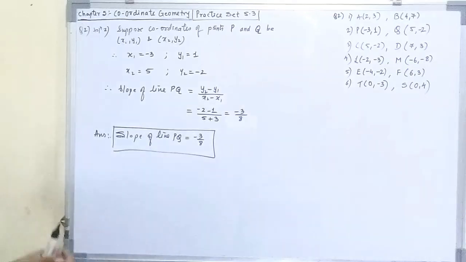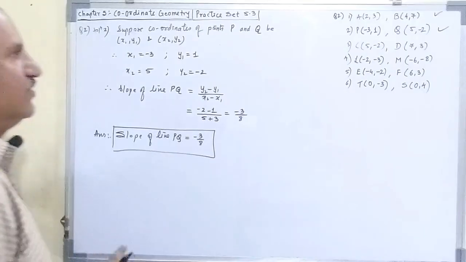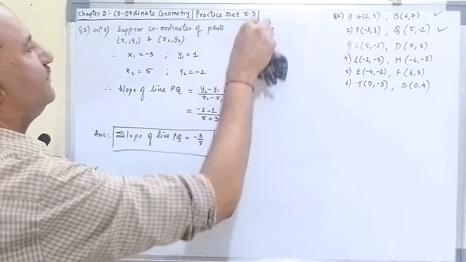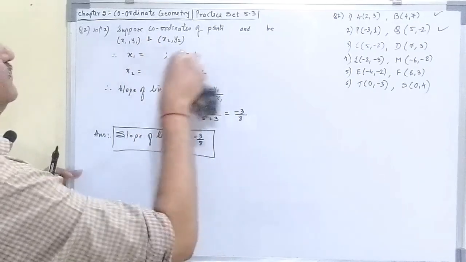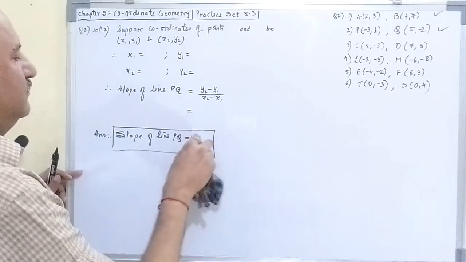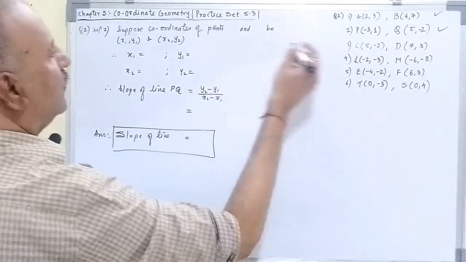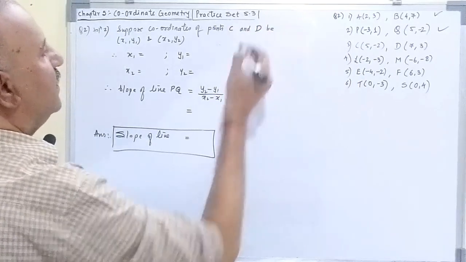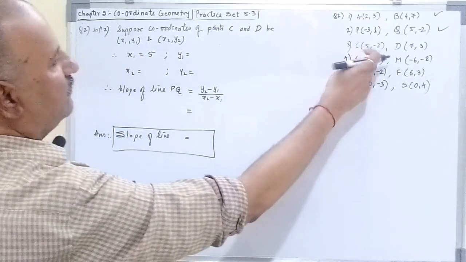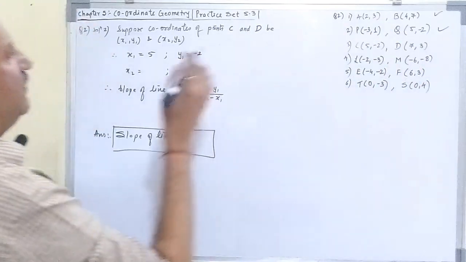Now let's go to the third. So we have completed the first question, we have completed the second question. Now we go to the third question. Points C and D. C is 5, x1, y1 is minus 2, x2 is 7, y2 is 3.